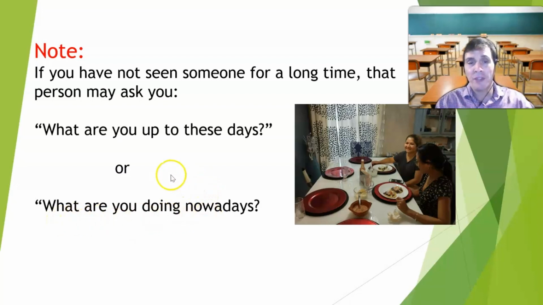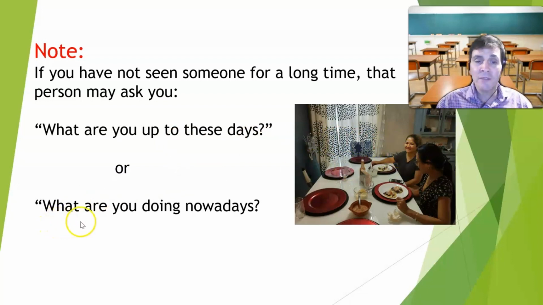So let's repeat these. If you have not seen someone for a long time, and imagine that you were sitting down having dinner with them, that person may ask you, so what are you up to these days?